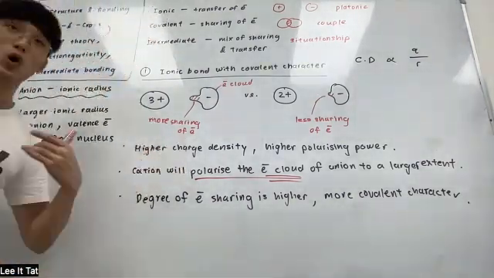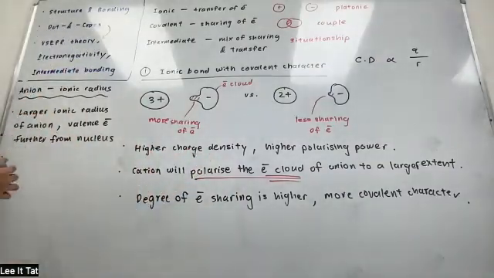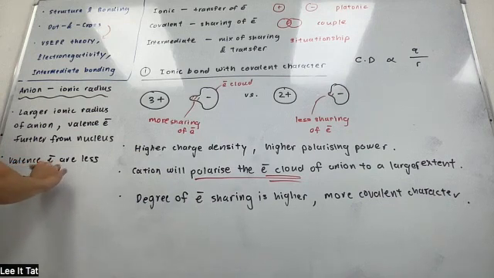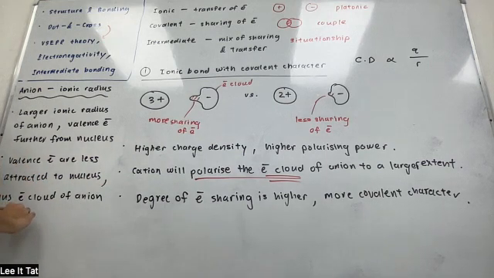More. Because you're further away, you're less attracted. So if valence electrons are less attracted to the nucleus, thus the electron cloud of the anion is more easily polarized by the cation.